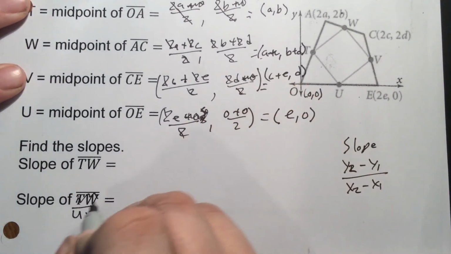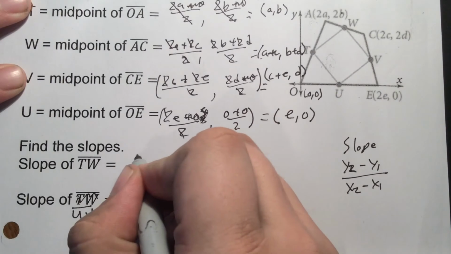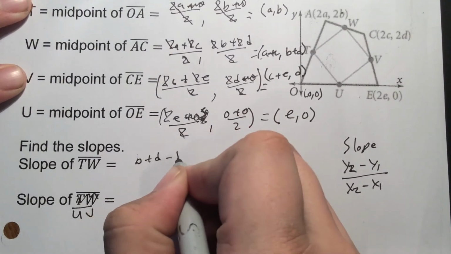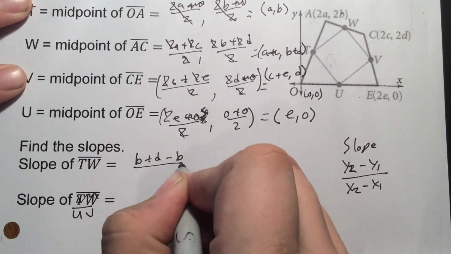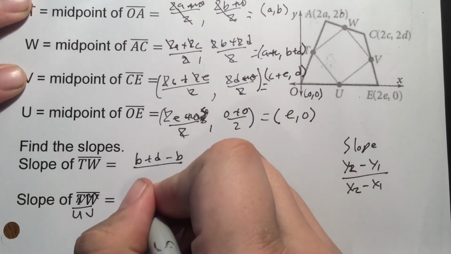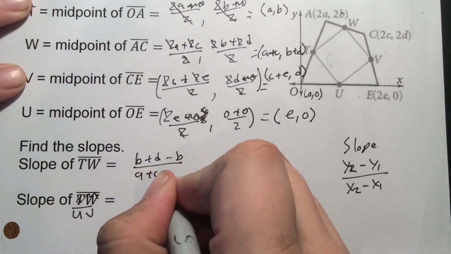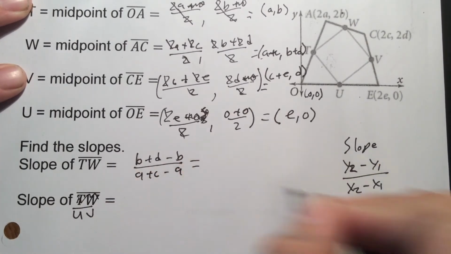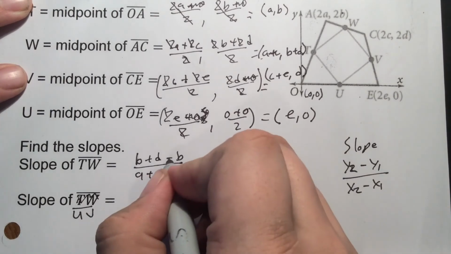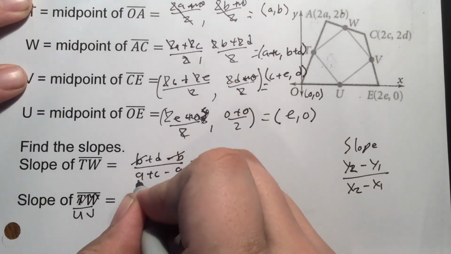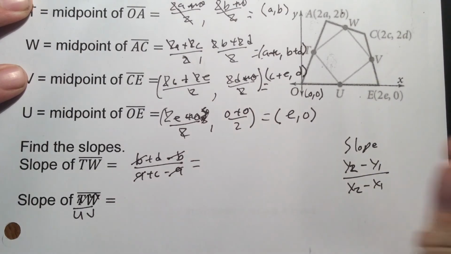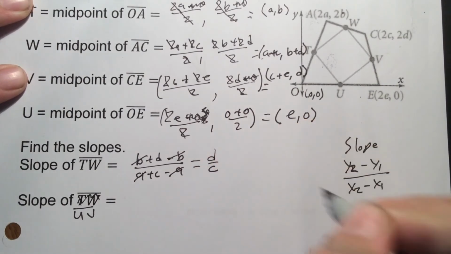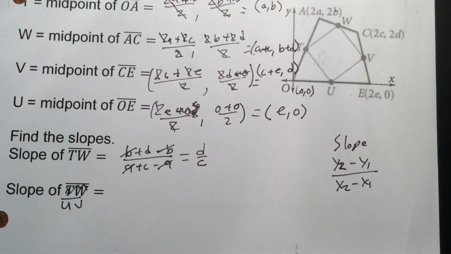We would do our y's first, which is b plus d minus b, over then a plus c minus a. Well, the negative b and positive b would cancel. The a and the negative a would cancel. And we were left with d over c. So that came out a lot better than what it was kind of looking for.